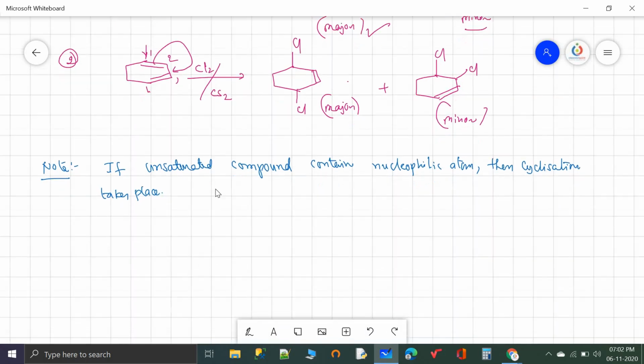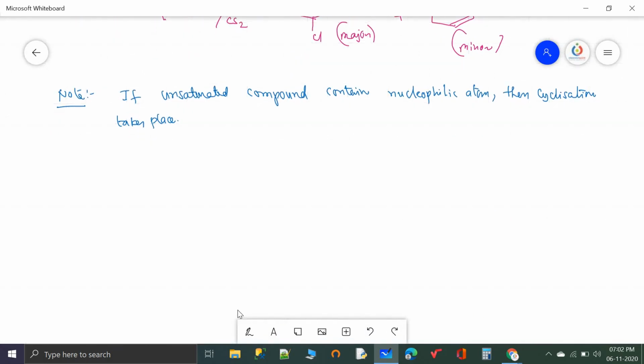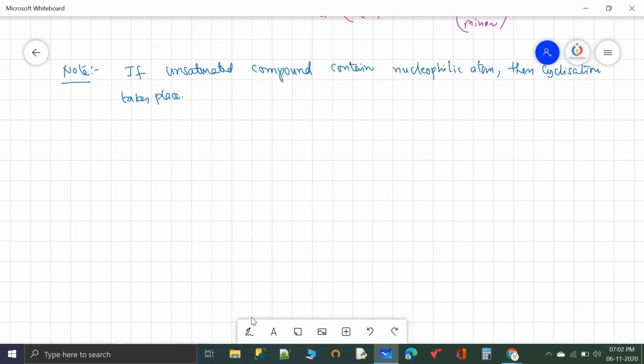Cyclization takes place means if a nucleophile is there, then cyclization takes place. I will explain the mechanism with examples also.